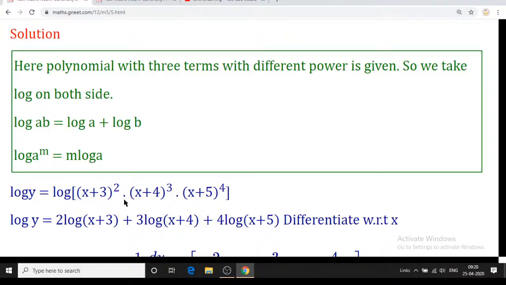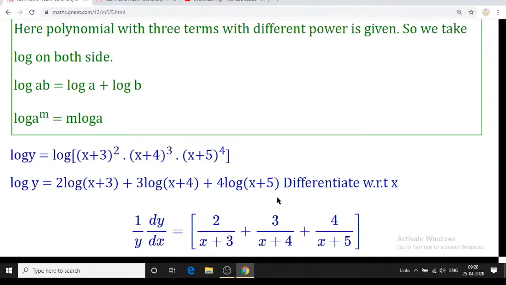As a multiplication is there, a plus sign will come in between, as well as every bracket was having a different power. It was having 2, 3, 4. They will come as a coefficient behind the log term. So log y will be written as 2 log of x plus 3 plus 3 log of x plus 4 plus 4 log of x plus 5.